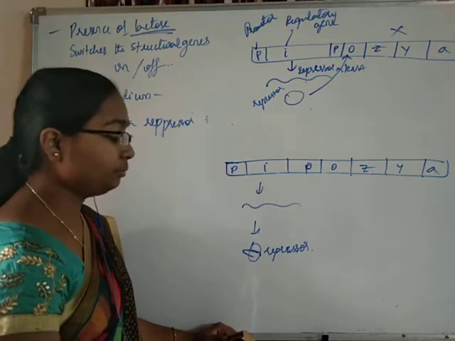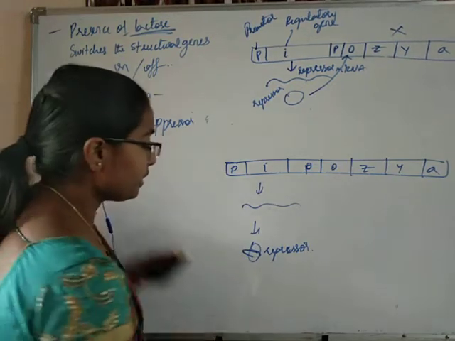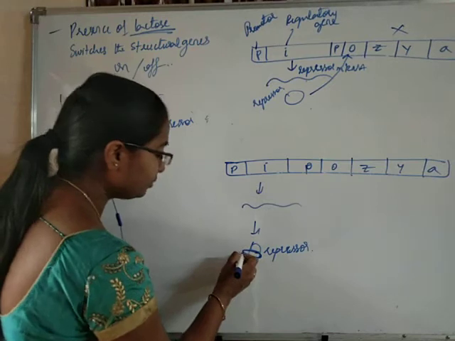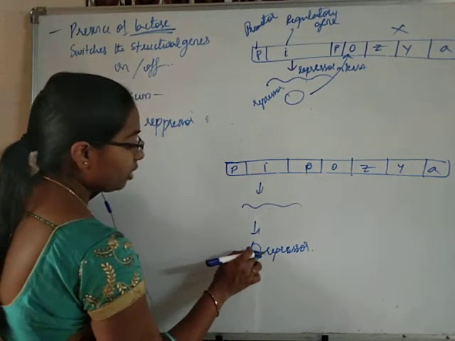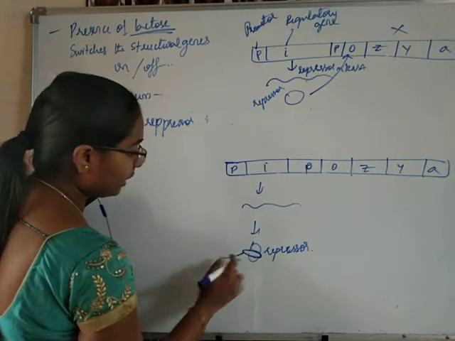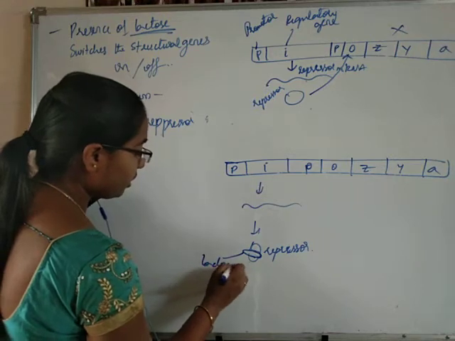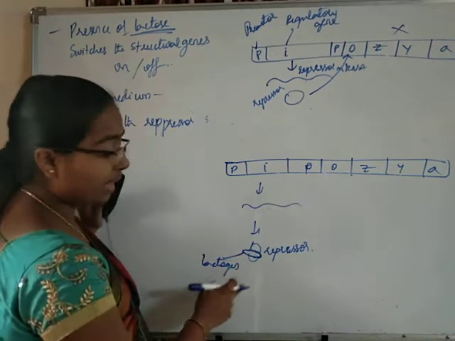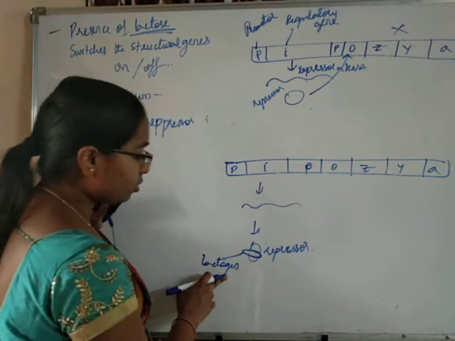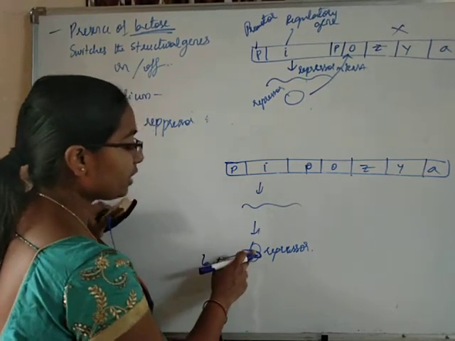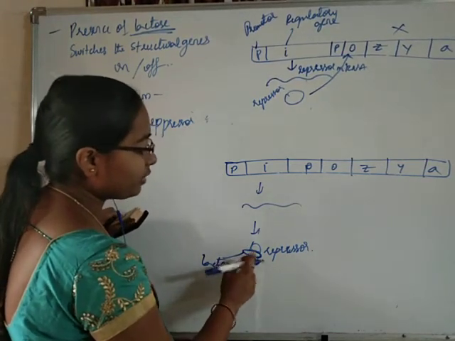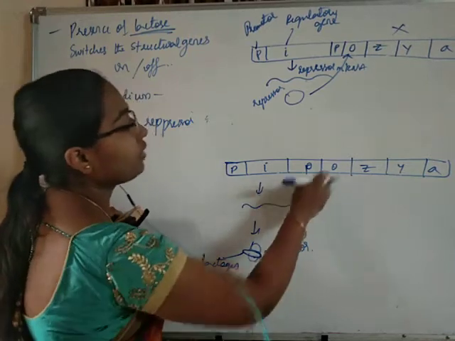Okay. But when there is a lactogen, this lactogen is going to act like a substrate. This lactogen, which is a substrate, is going to bind with the repressor. When lactose is binding with the repressor, the repressor cannot go and bind with the operator.